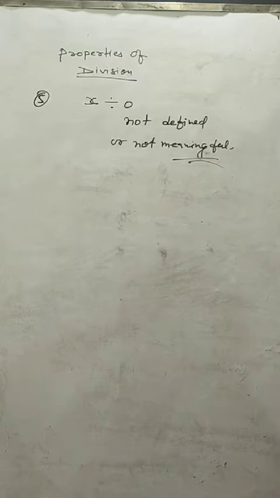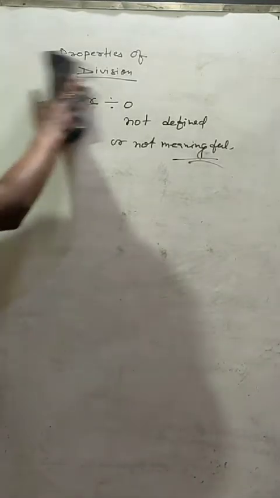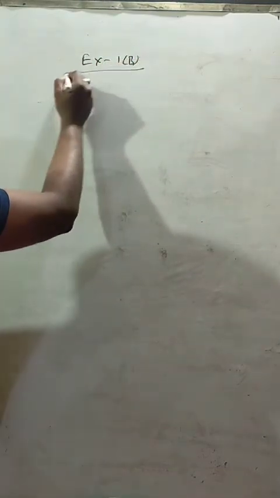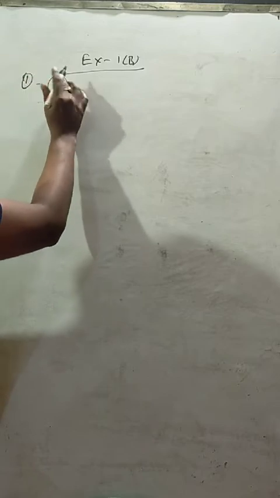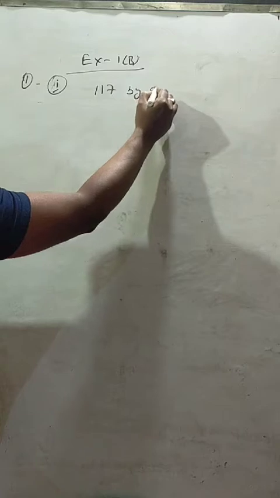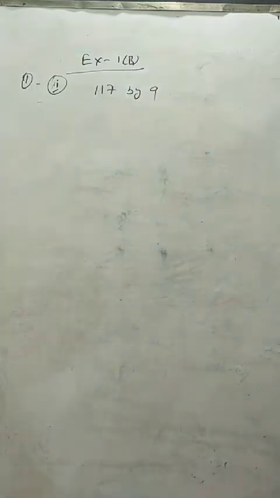Now we will solve some questions of exercise 1b. The first question of exercise 1b is: divide 117 by 9.